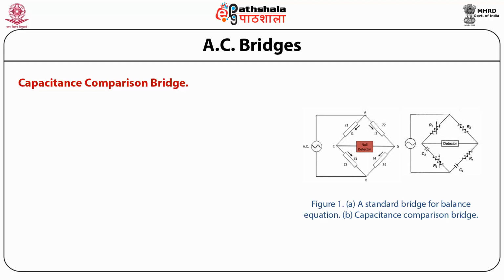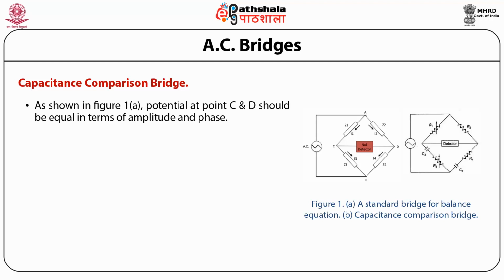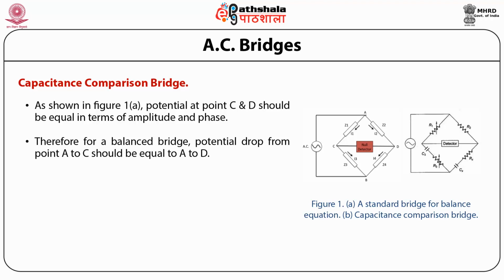In order to understand the capacitance comparison bridge, it is important to understand the bridge balance equation as shown in figure 1a. Potential at points C and D should be equal in terms of amplitude and phase. Therefore, for a balanced bridge, the potential drop from point A to C should be equal to that from A to D. These potentials can be written as EAC equals EAD.